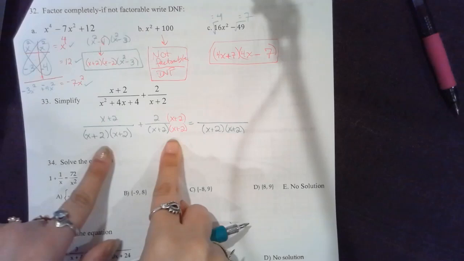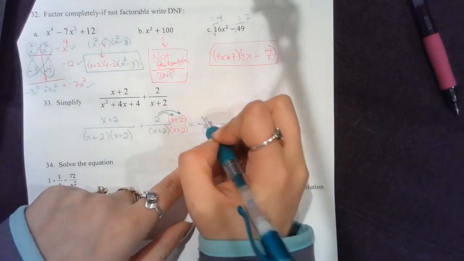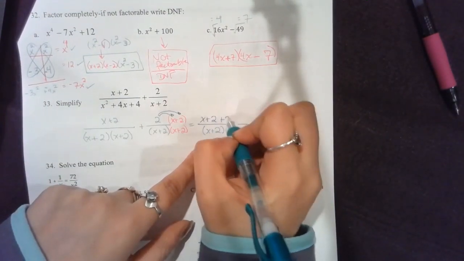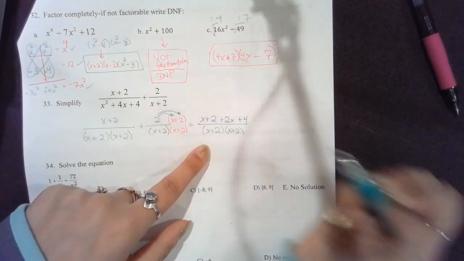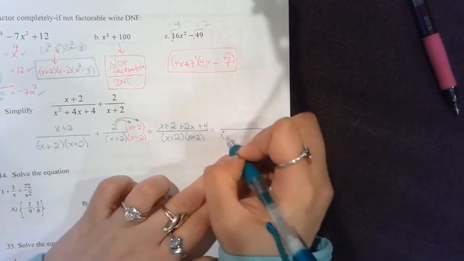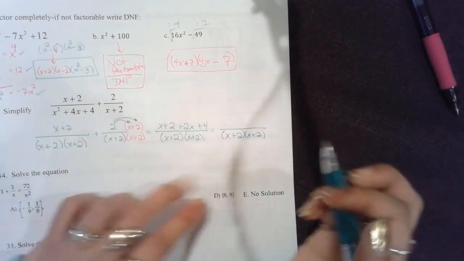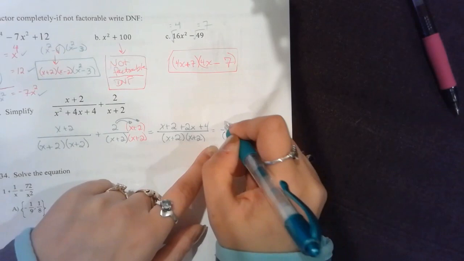Oh well. Now we distribute. So on the top we have x plus 2 plus 2x plus 4. And I can go ahead and combine any like terms on the top. So this becomes 3x plus 6.